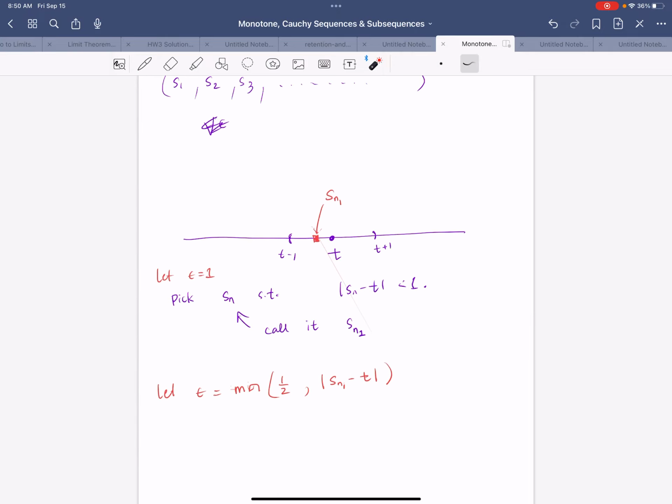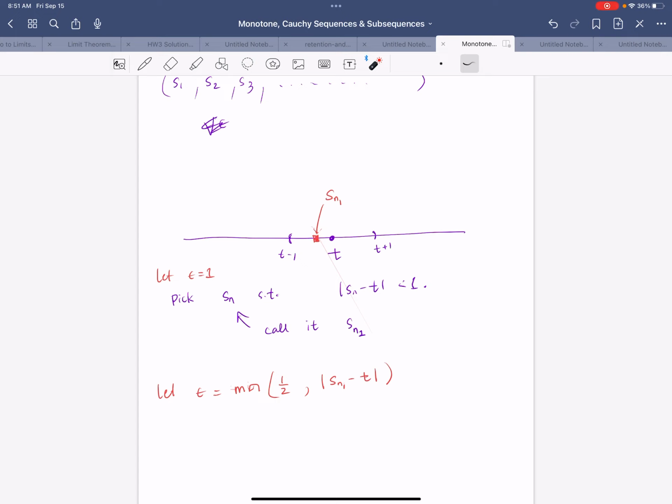So that guarantees that my next term, Sn2, because remember I'm building a subsequence that converges to t, that guarantees that Sn2 is going to be getting closer to t, right?